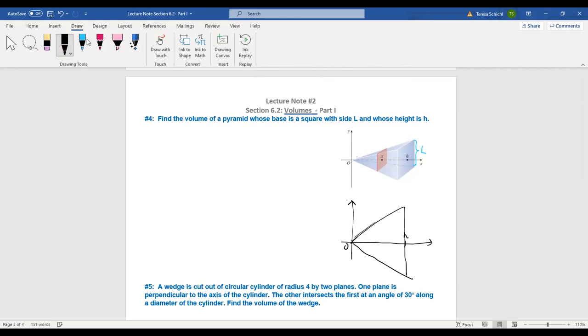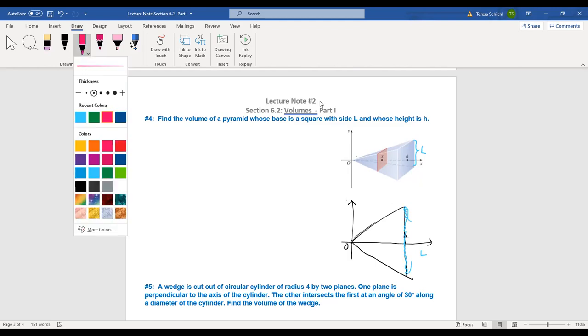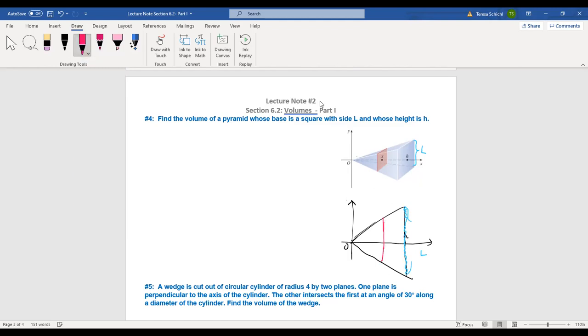Okay, so for this triangle, remember here is the L, right? So this line is the L, and now I cross here, right? So this is my cross. So I slice it here, right? So I slice in here.